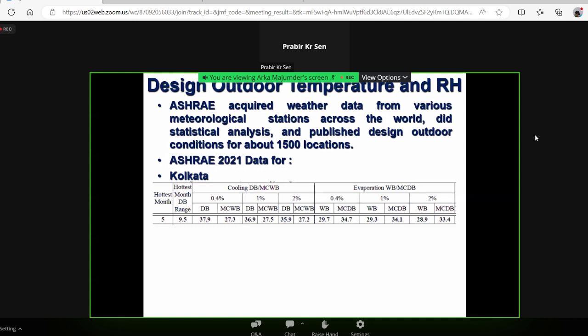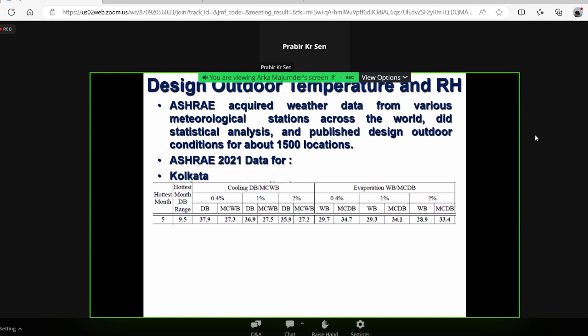Otherwise, for general application, it is 1%. For offices, hotels, hospitals, residences, schools, everywhere normally we consider 1% occurrence level. Dry bulb temperature is 36.9, and corresponding to that we have to consider a wet bulb temperature, which we call mean coincident wet bulb temperature, 27.5 degrees centigrade.